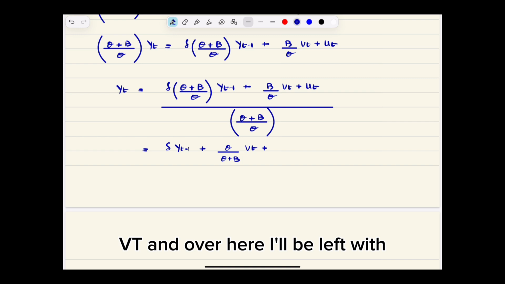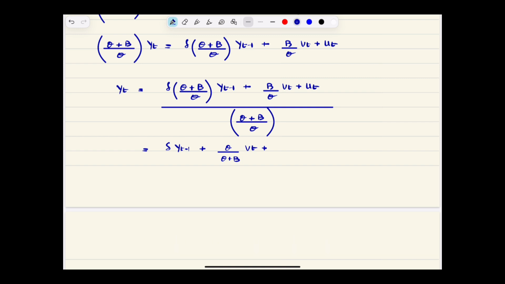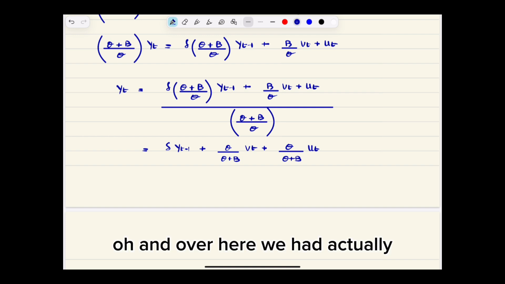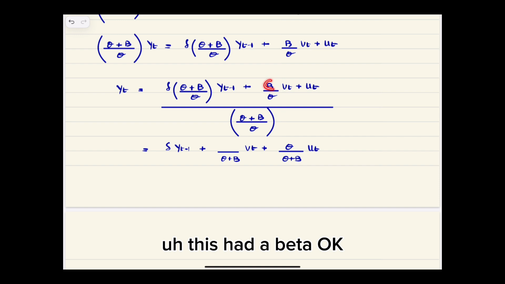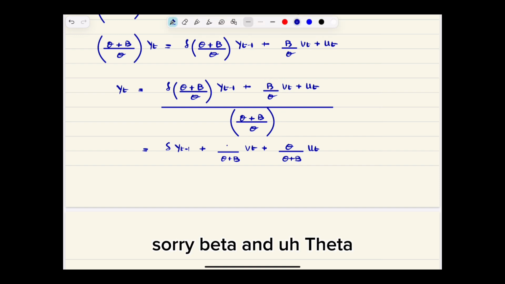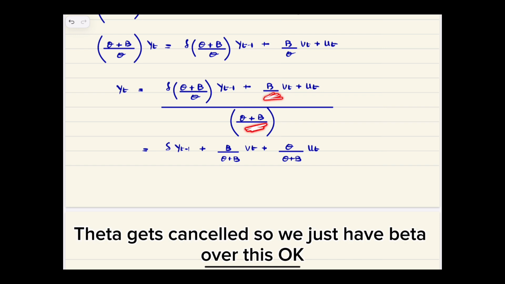And over here I'll be left with this goes up and this goes down, u_t. Oh, and over here we had actually this had a beta, okay, sorry, beta, and theta gets cancelled, so we just have beta over this.